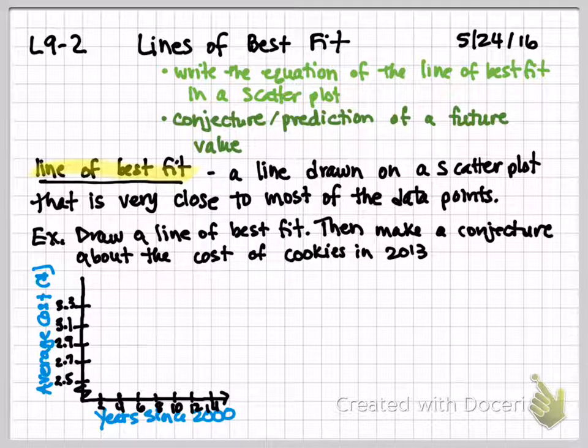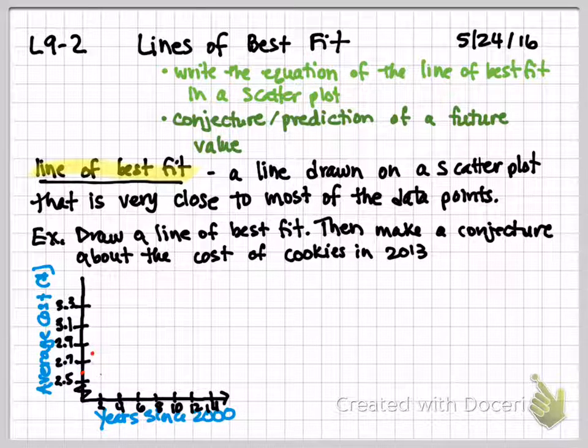So I'm going to graph some ordered pairs here. In 2000, we have 2.59, so that's close to 2.6. So that would go right here. And in the year after, so 2001, we go to 2.81, so about here. In 2002, it was 2.65.